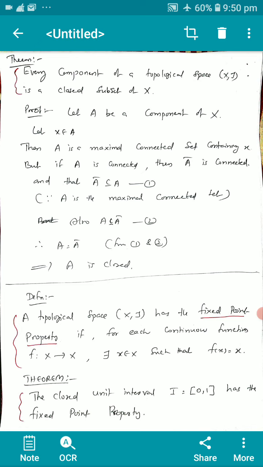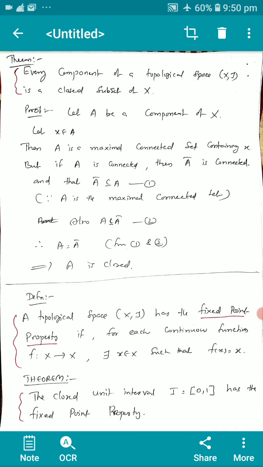That's the remark. But if A is connected, then A closure is connected, and A closure is a subset of or equal to A, because A is the maximal connected set. Call this 1. But we know that A is always a subset of or equal to A bar. That is result 2. From 1 and 2 we get A equals A bar, so A is closed.